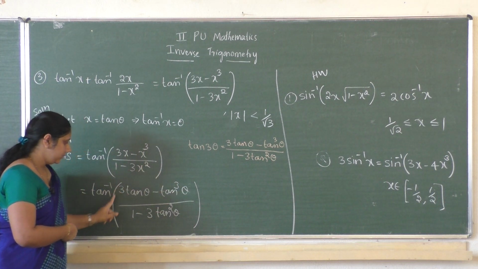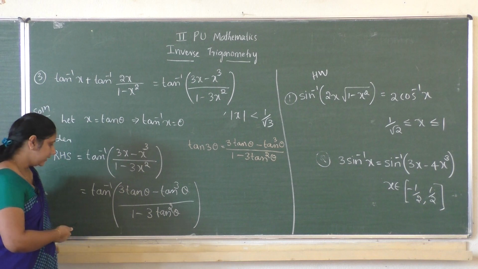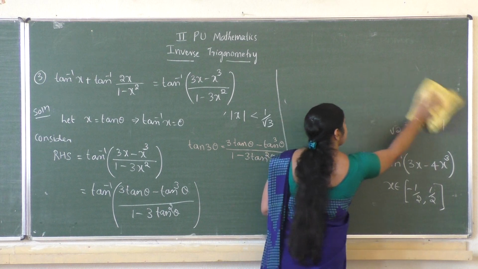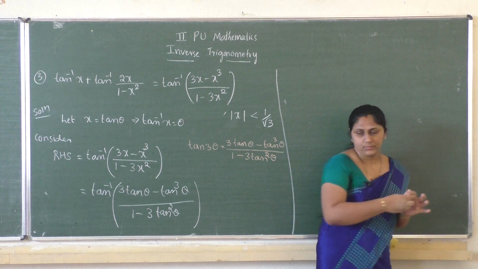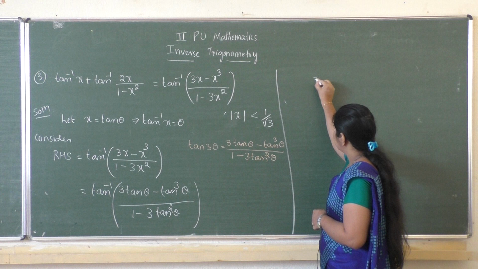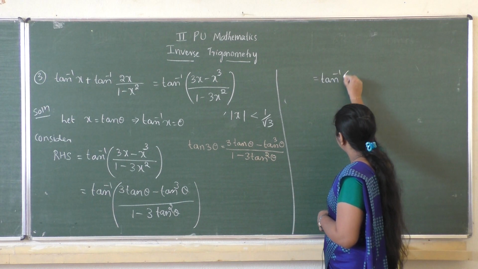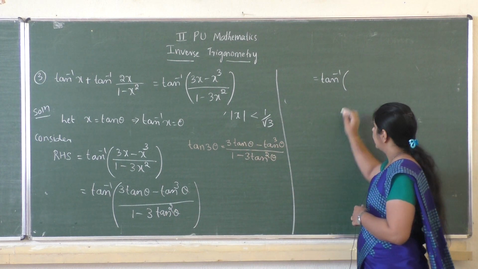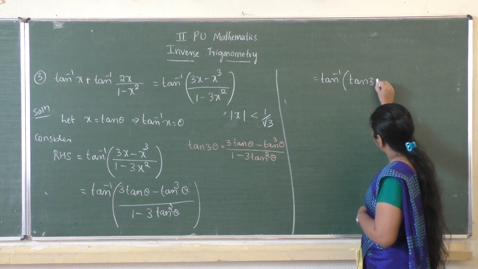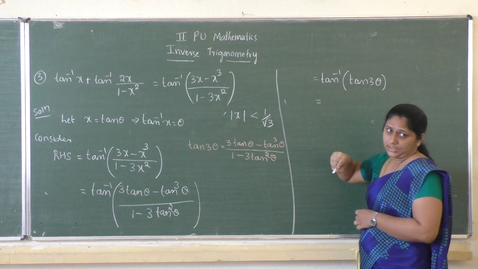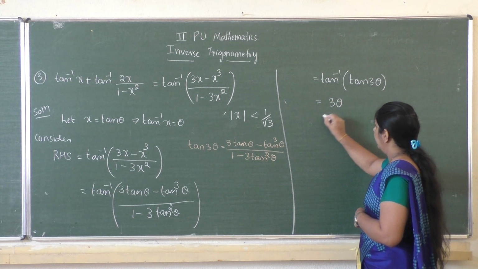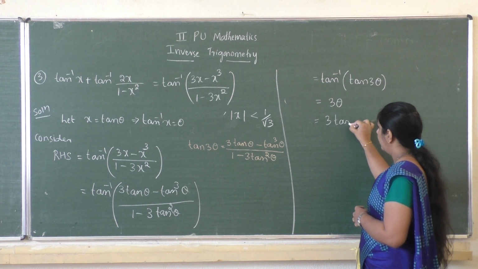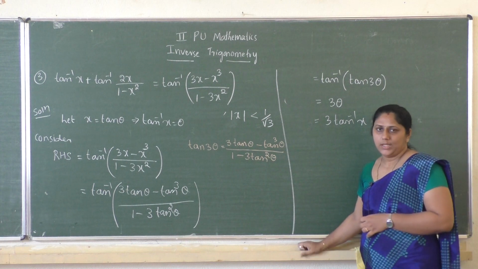Now see this term. This is the same as tan 3 theta. So it is tan inverse of tan 3 theta, which is equal to 3 theta. But what is theta? It is tan inverse x. So which is equal to 3 tan inverse x.